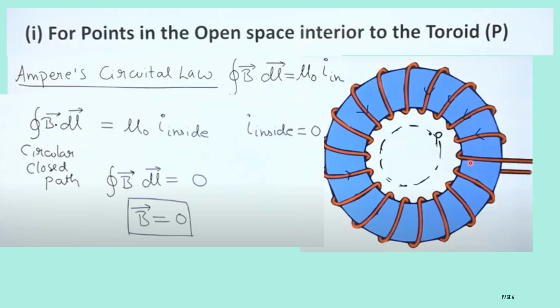This is the direction of the current. The current enters at one end of the wire, then moves like this, then leaves at the other end. Therefore the current is inside the solenoid.